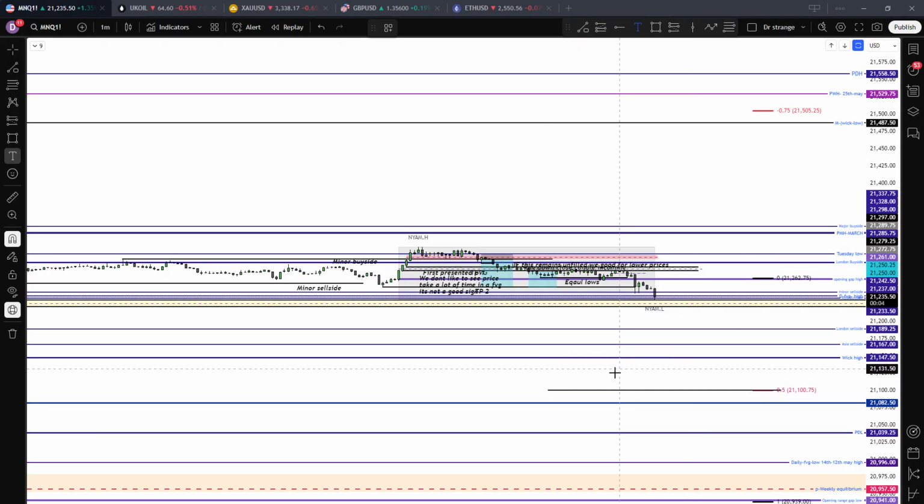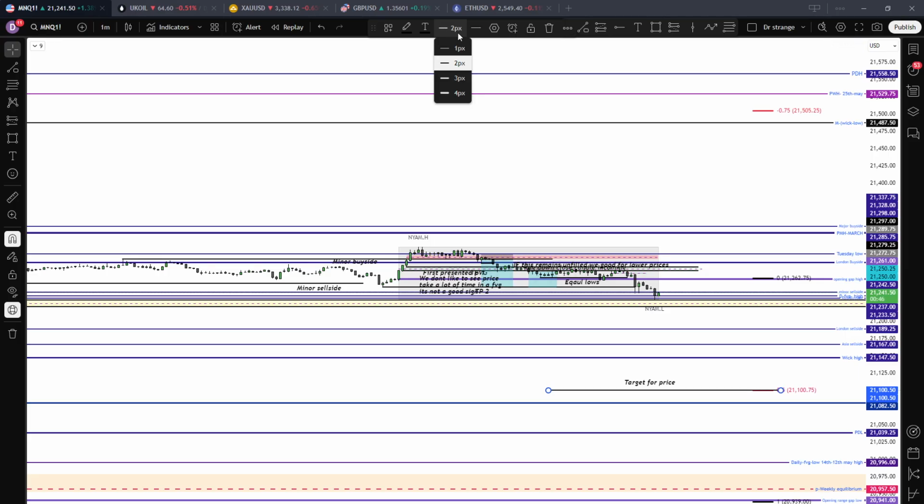For today, before we do anything here, target for price, which is below the Asian lows. You can hold, but I'm not holding. Once I make some money, go do other things.